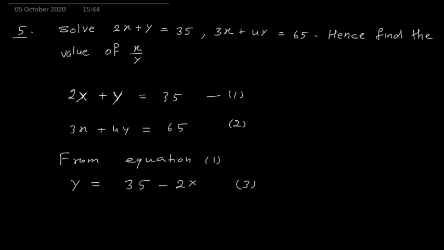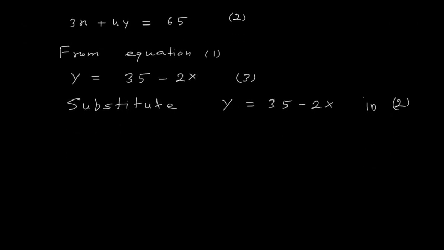Now substitute y equal to 35 minus 2x, which we took from equation 1, in equation 2. So when we put it in equation 2 we get 3x plus 4 into (35 minus 2x), so 3x plus 4y is equal to 65.